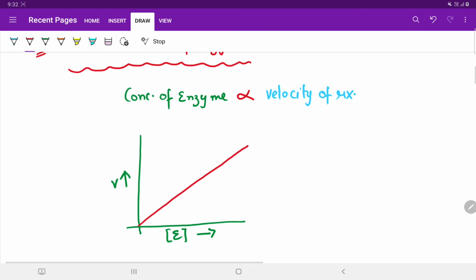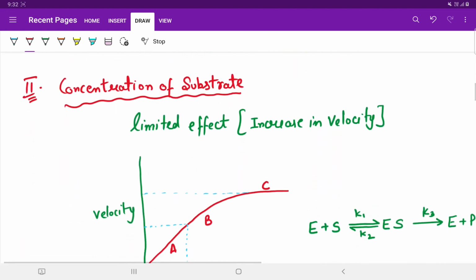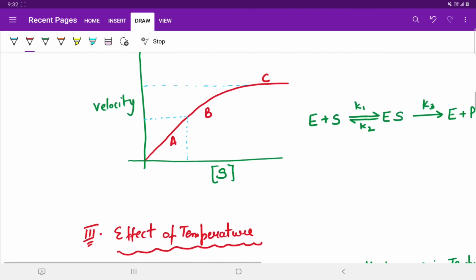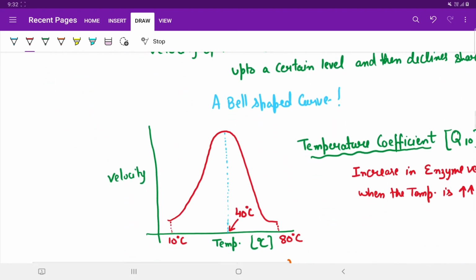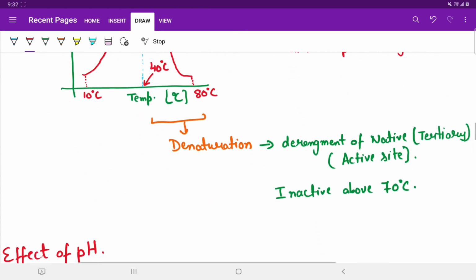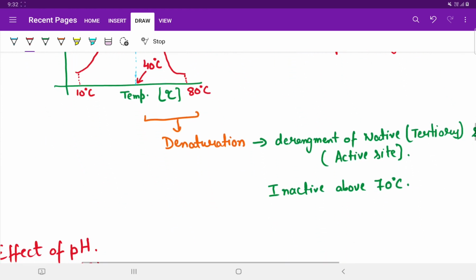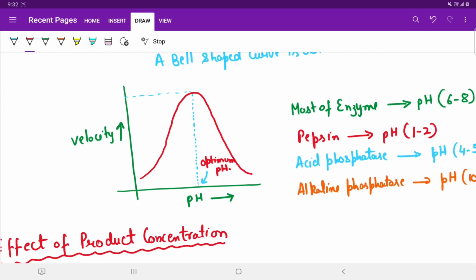You can see the graph here, it is directly proportional to the enzyme concentration. Then comes the substrate concentration, in which saturation of enzymes may lead to a constant rate of reaction. Then comes the effect of temperature, in which a bell shaped curve is obtained and the temperature coefficient is governed by every 10° rise in temperature. Then the denaturation, then the effect of pH, which is similar to that of temperature.